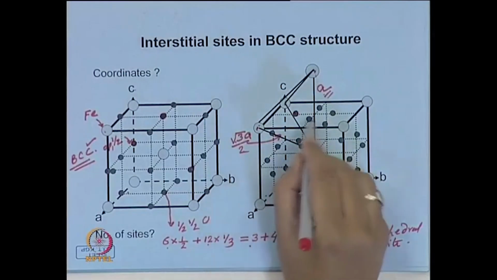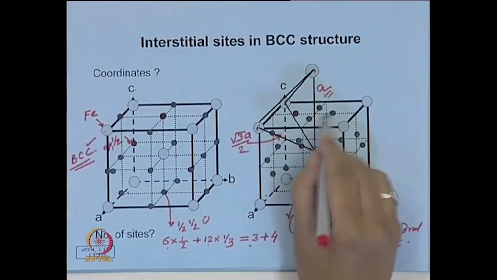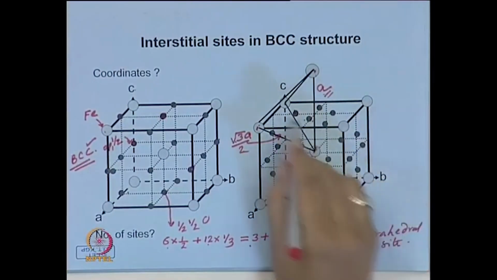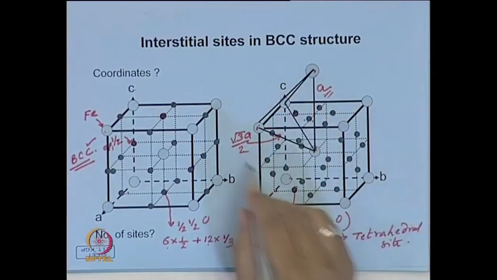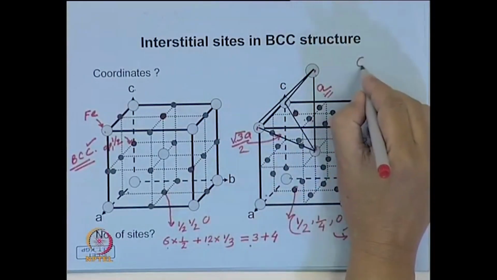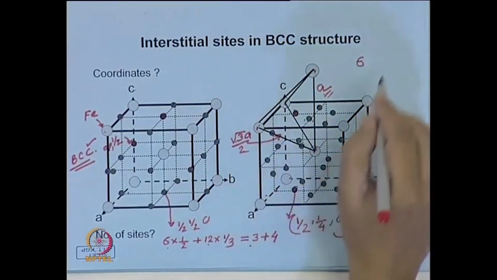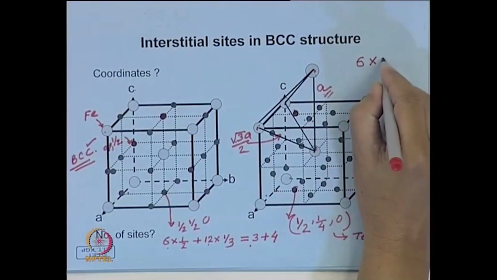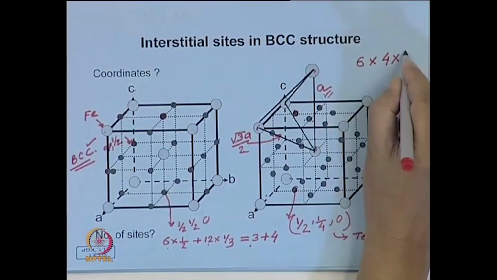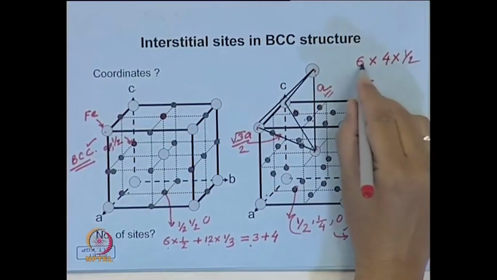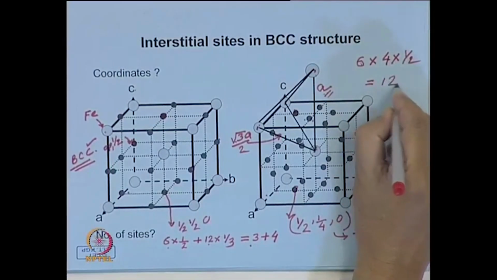And on each of these faces, you have 4 such sites. A cube has 6 faces. So, with 6 faces, on each of these faces you have 4 points, but each face is shared, so this comes out to be 12.